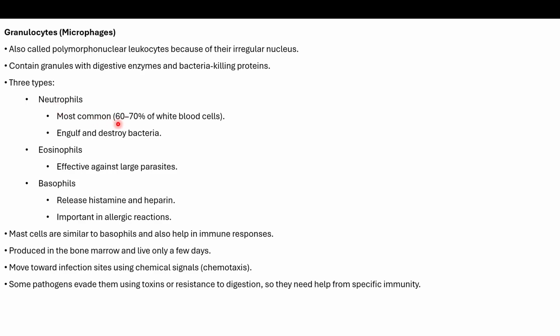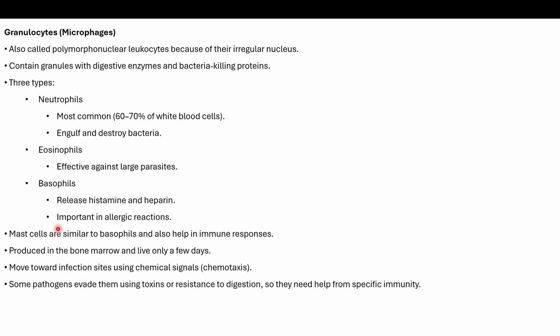Neutrophils are the most common, which constitute about 60 to 70% of white blood cells. Neutrophils can engulf and destroy bacterial pathogens. Then there are eosinophil cells, which are effective against large parasites. And there are basophils, which release histamine and heparin, anti-inflammatory substances. These are actually important in allergic reactions.